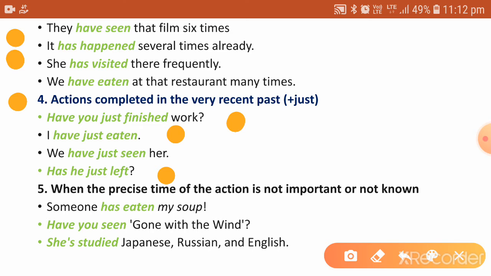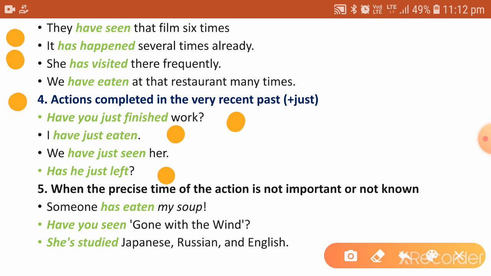It means the speaker wants to ask about the situation. Here the subject is he, and we want to know, has he just left? It means very recently we can say.